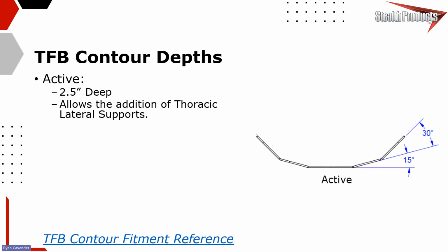You have a flat center section with a 15-degree bend to help ease that transition and start the invitation more towards the midline. And then you have that final bend angle of another 30 degrees to really give you the lateral stability out of this back support.